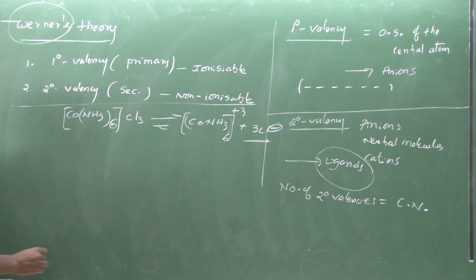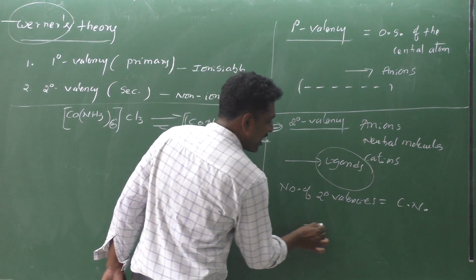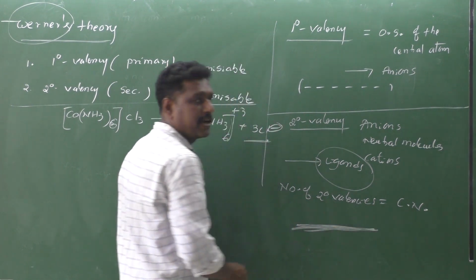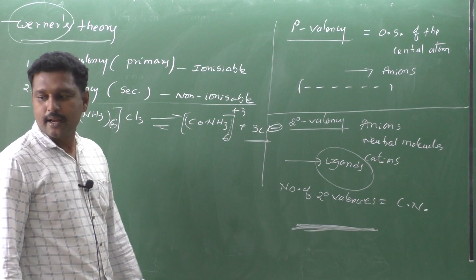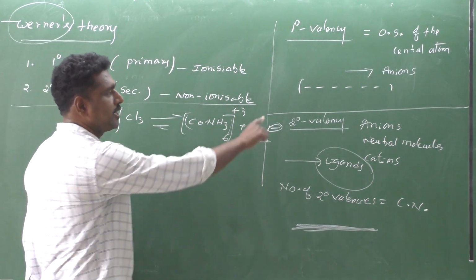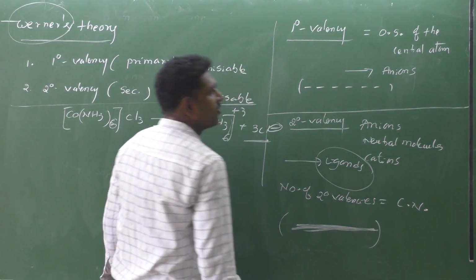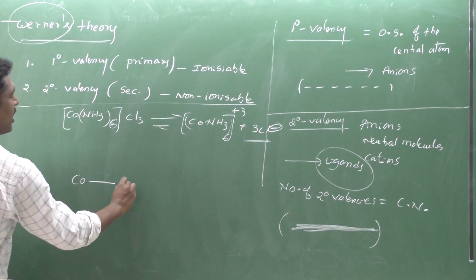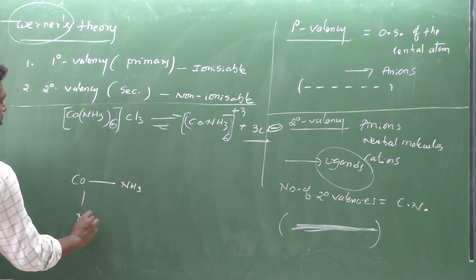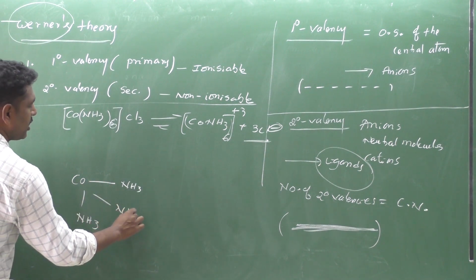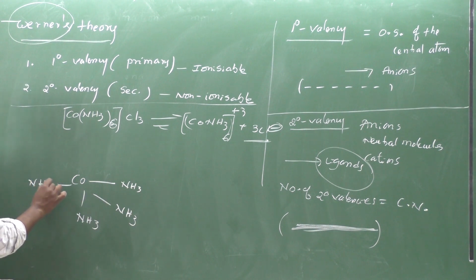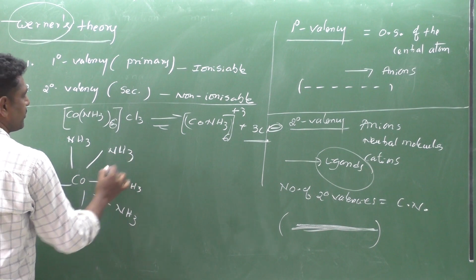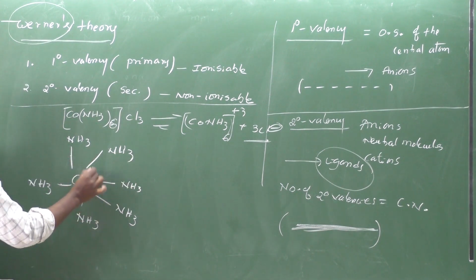I will draw the structure. The secondary valency is indicated by a thick line, and the primary valency is indicated by a dotted line. So here Co with NH3, 1, 2, 3, 4, 5, 6 thick lines.